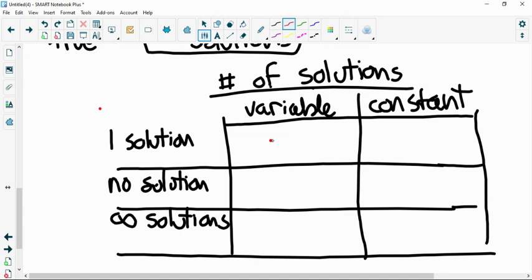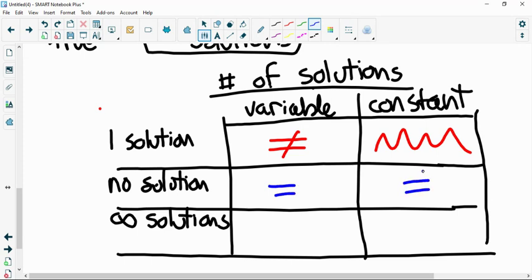Now, if the variable terms are different, it's going to be one solution. It does not even matter what the constants are. If the variables have different coefficients, it's always going to be one solution. If the variable terms are equal, but the constant terms are not the same, we're looking at no solution.